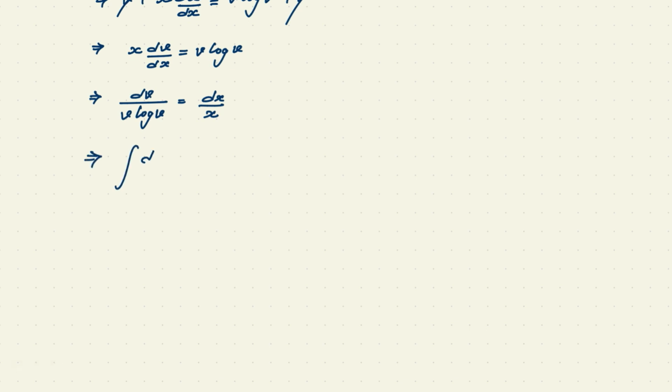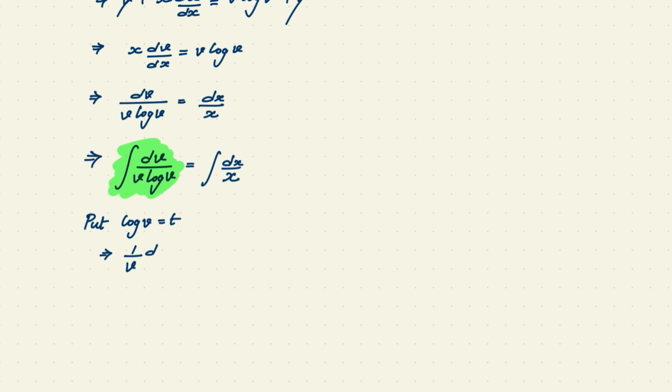Integration of dv over v log v equals integration of dx over x. In order to solve this integral, we will use the method of substitution. For that we will put log of v equals t, and differentiating, we will have 1 by v dv equals dt.